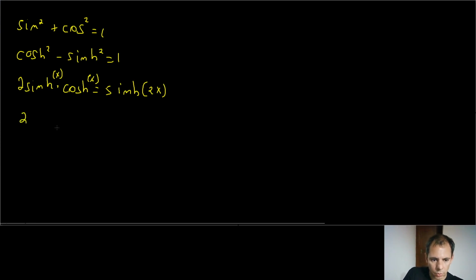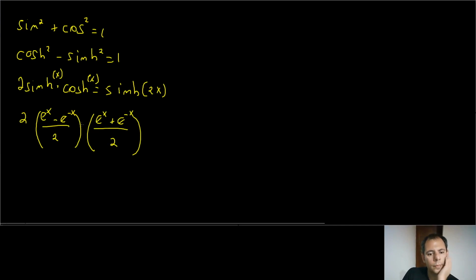If you multiply those things, you're going to be able to see it. So twice, e to the x minus e to the minus x divided by 2 times e to the x plus e to the minus x divided by 2. So this and this form that thing, a plus b times a minus b equals a squared minus b squared.